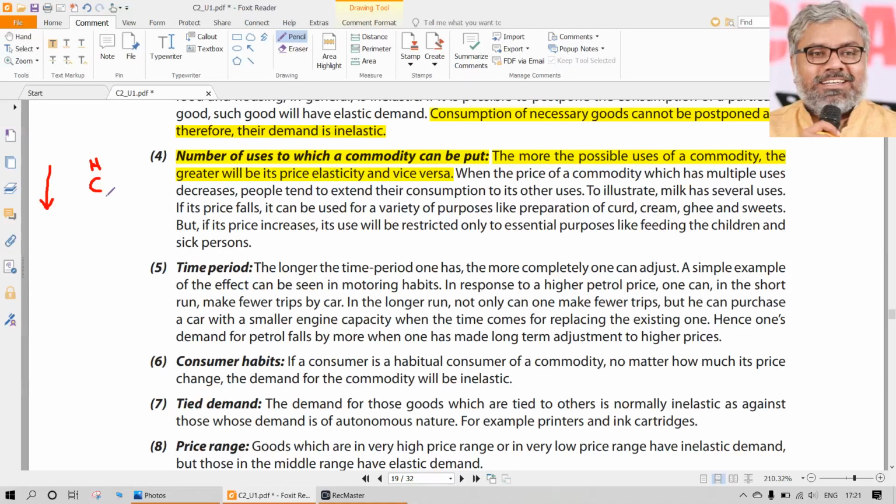If it is further cheaper, maybe we can extend it for transport also, meaning buying electric vehicles. Pollution is one part, that is the reason why people buy electric vehicles. But if electricity is available at lower prices, it can be used as a fuel instead of petrol and diesel. So that can become a substitute.